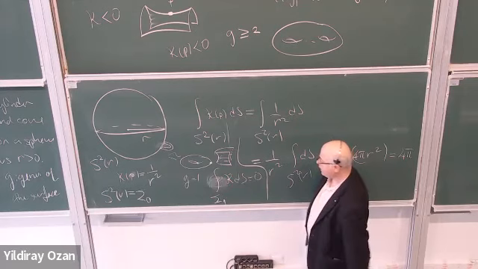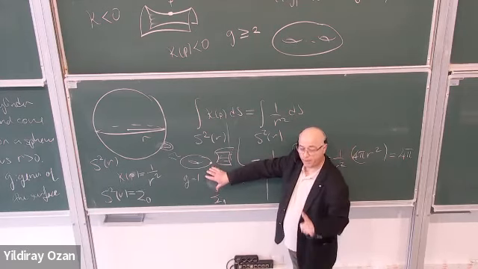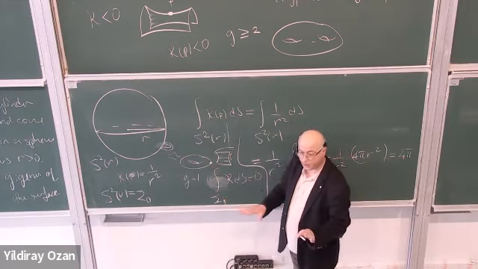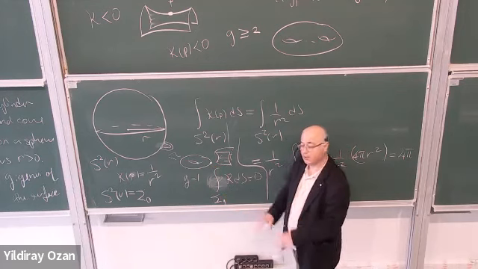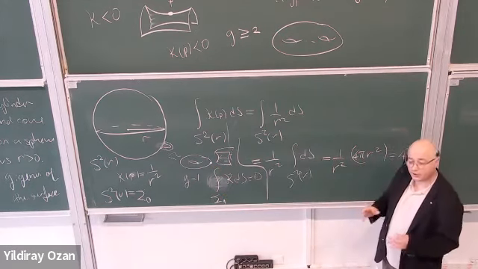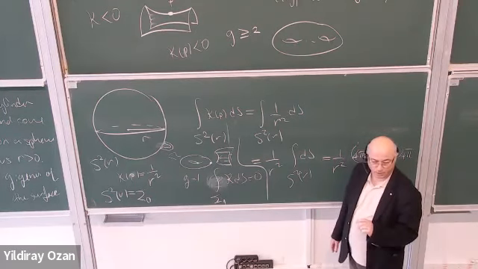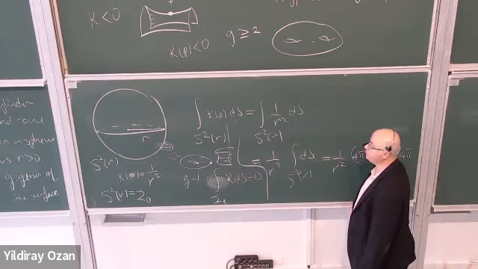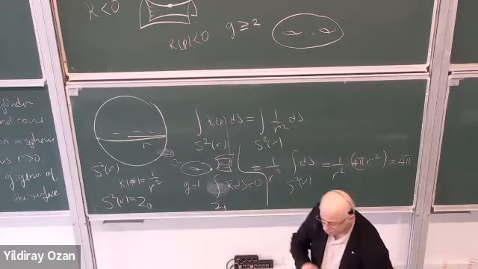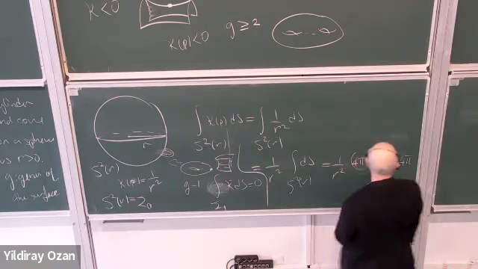But as I said, it is possible to put a metric on the torus so that it looks flat, like a cylinder, like the plane, okay, but we cannot realize it in R3. In R4 it is possible, but not in R3. Okay. So this will be kind of the introduction.